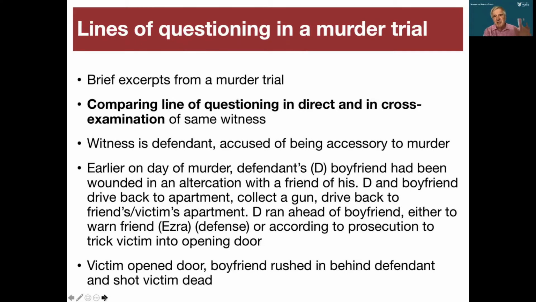So if she goes ahead, she hammers on the door and gets the victim to open the door. Then, of course, she's got access to her boyfriend. Her claim is that she did indeed run ahead of the boyfriend and hammer on the door, but she was doing it in order to warn the victim. So what happened was that indeed the victim did open the door. The boyfriend rushed in behind the defendant and shot him dead.